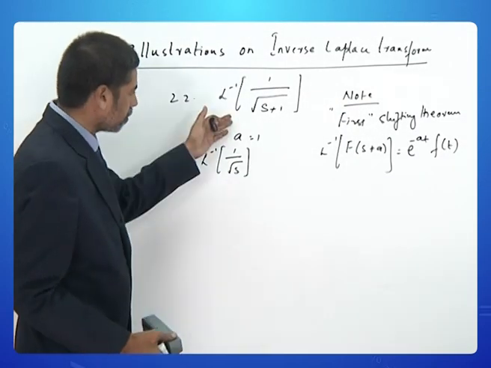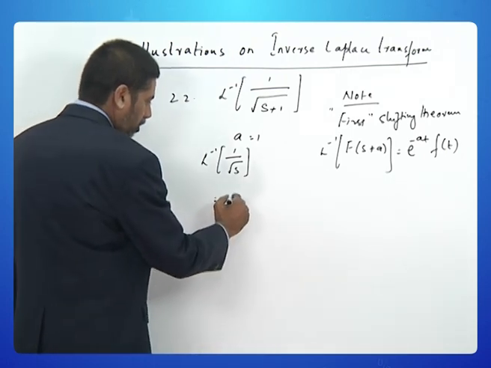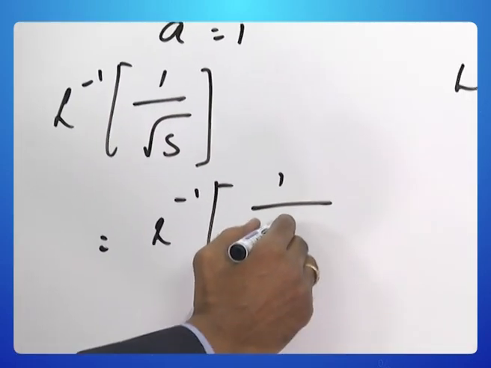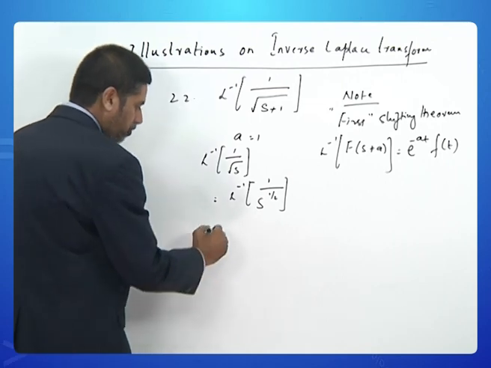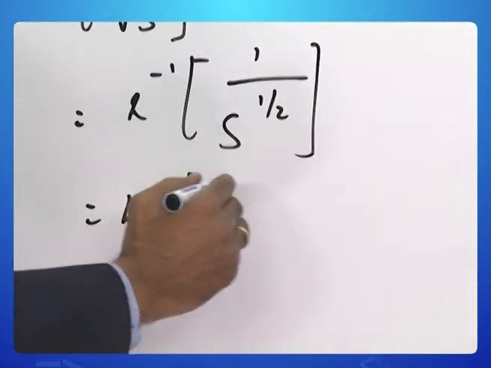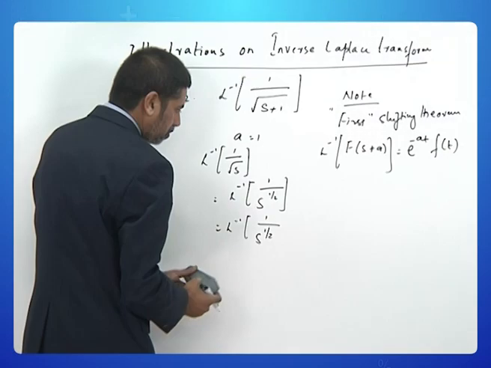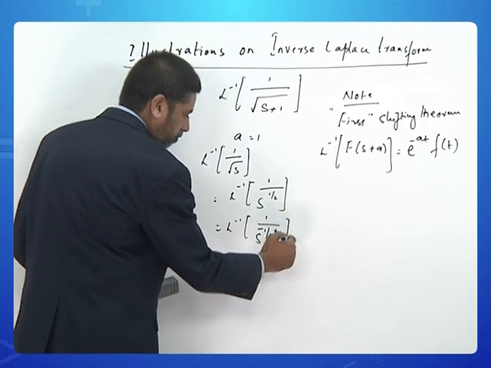That happens to be the basic function. So this is nothing but inverse transform of 1 by s to the power of half, which you can write as inverse transform of 1 by s to the power of minus half plus 1.